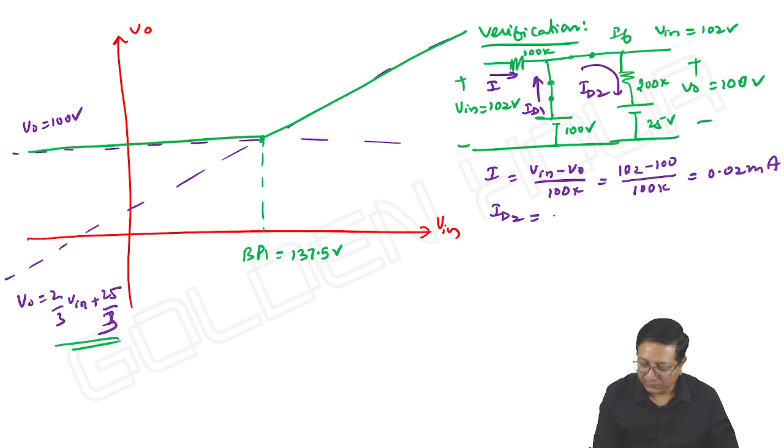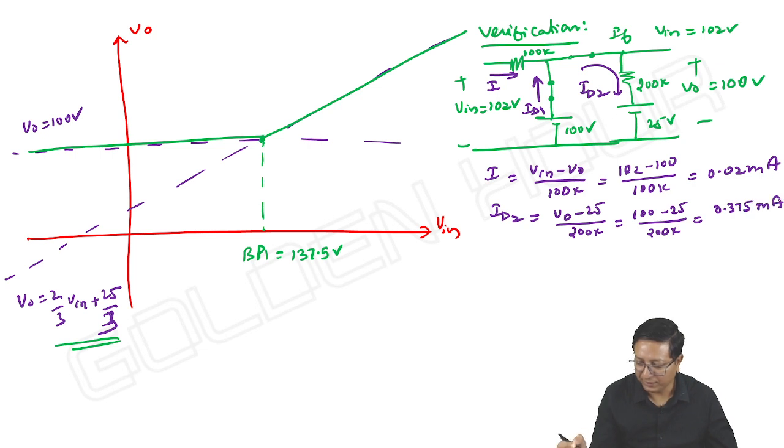Okay. What about ID2? It is equal to V output minus 25 by 200k. Output is 100, minus 25, by 200k. 75 by 200. 0.375 milliampere. Sorry, 3.75 milliampere.